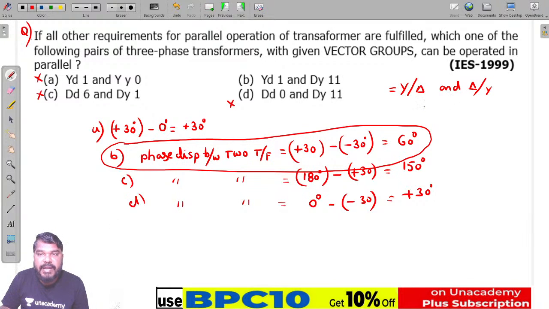Star delta is a 30 degree connection, and delta star becomes a minus 30 degree connection. So option B is possible to operate in parallel.